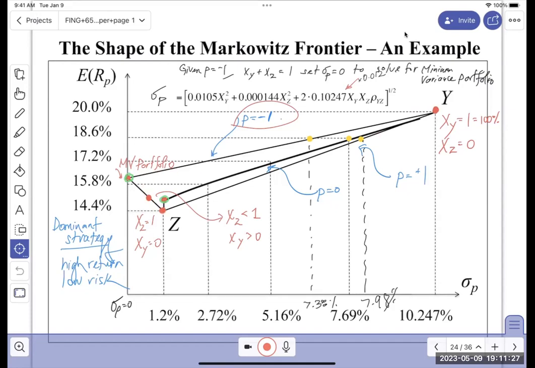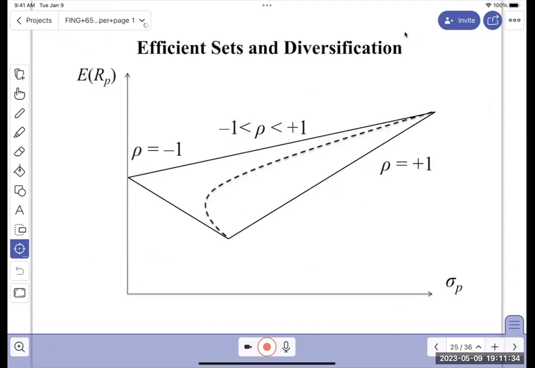Because the correlation is very unlikely to be perfectly -1 or perfectly +1, you'll get something that comes in between those two. So this curve represents all possible combinations of a high risk, high return asset and a low risk, low return asset. This is known as the diversification effect that I've discussed.